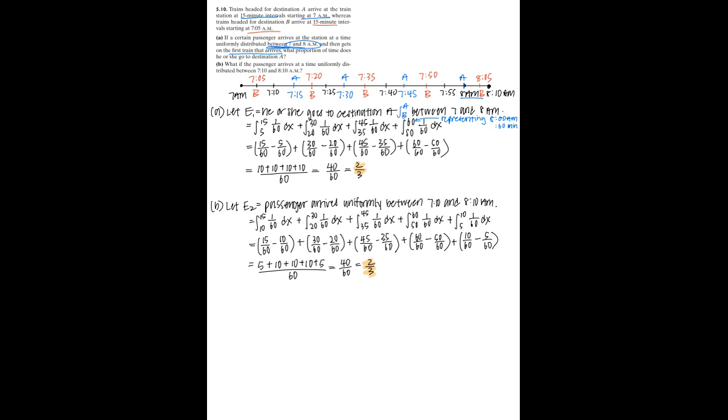It counts from 7:05 for destination B, but it starts at 7 for destination A. It's in the question, on the right, before A actually. It says trains arriving at the station, starting at 7. Okay, starting at 7.